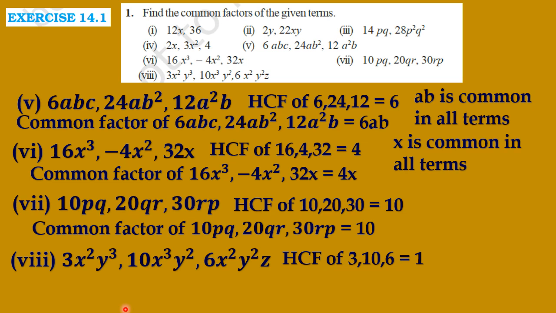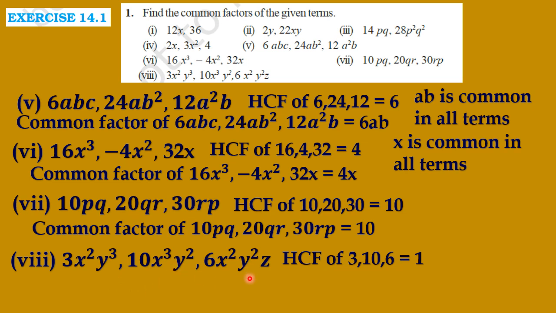And now let us see the variables. X. Here the first term has x square, here x cube, again here x square. So the smallest common power of x is x square. Then y: here y cube, y square, y square.